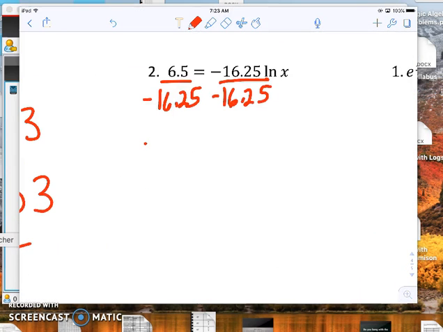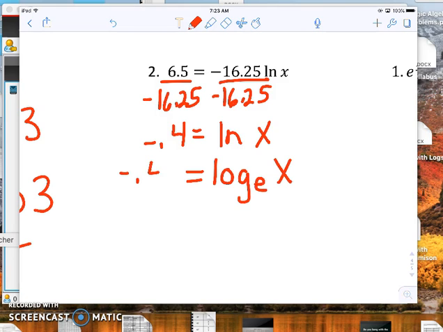So we have negative 0.4 equals ln of x. To rewrite this as an exponent, sometimes you might want to write this as log base e of x equals negative 0.4, because then it's a little easier to see our base. So e to the negative 0.4 equals x.